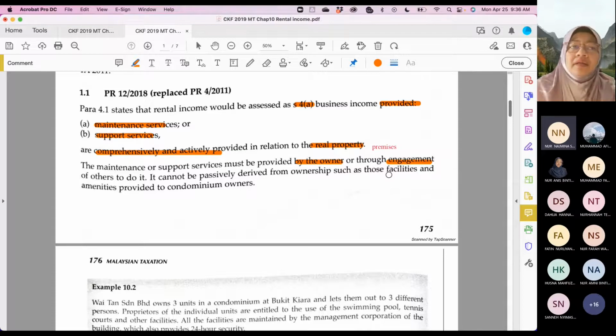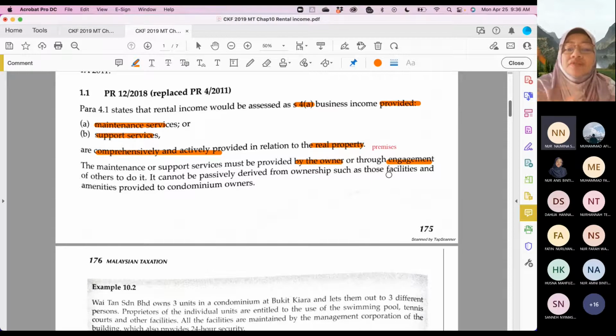For example, I used to live in a condominium, and all the parking, the cleanliness, the mopping of all the floors is actually done by the condominium management. So it's not actually provided by the owner.